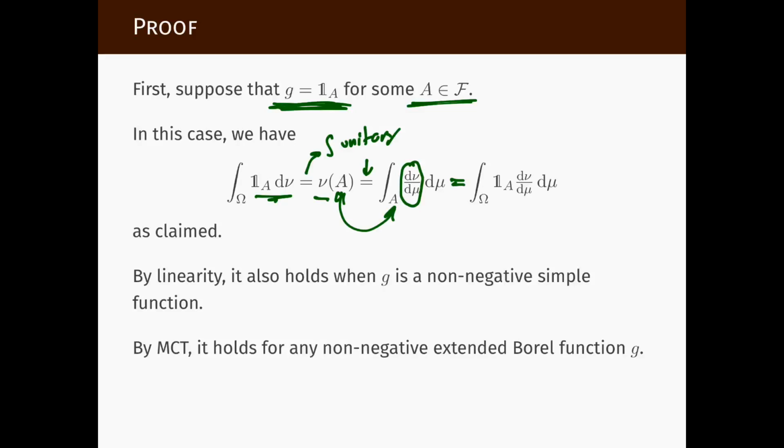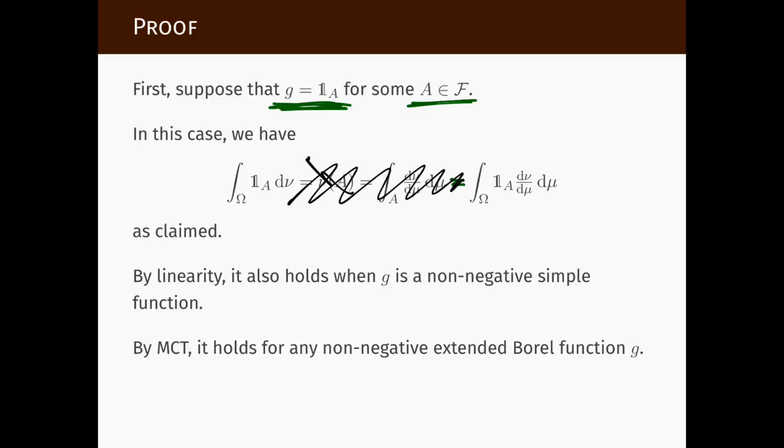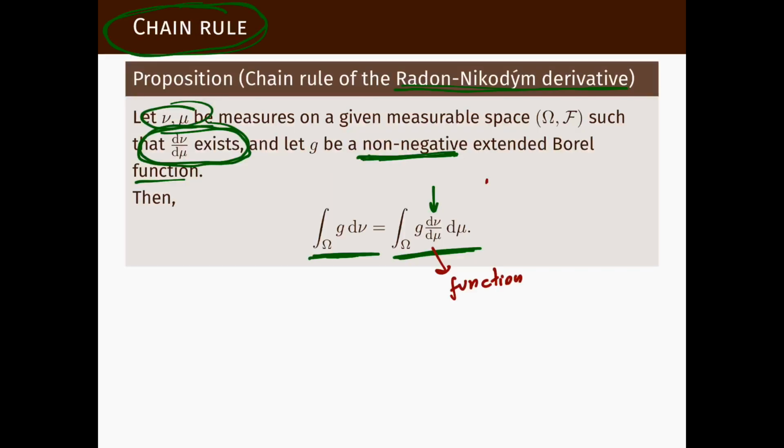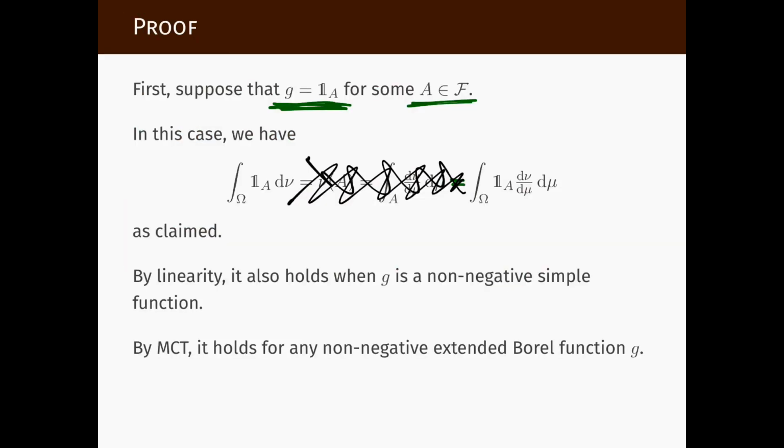This is just the definition of what it means to integrate on a subset A. And now if we forget all the intermediate steps, what we get is the statement of the proposition. Let me go back. The statement of the proposition, this integral equal to this integral, and we have just shown this is true when the function g is the indicator of some set.